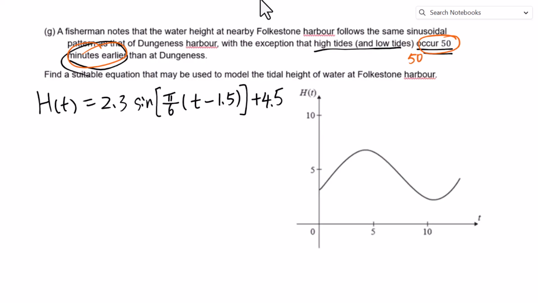So 50 divided by 60 to get 5 over 6 hours. 50 minutes earlier, so the whole graph translated to the left 5 over 6 unit or hours. So we get some graph like this.